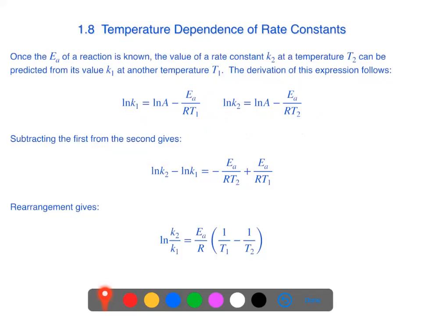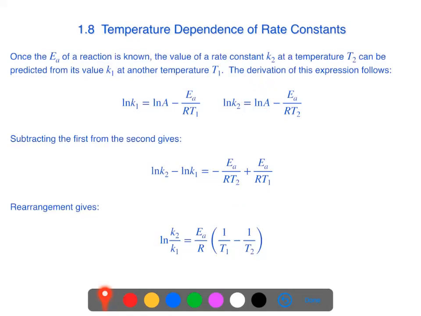So again, if we subtract the terms on the left-hand side, ln k2 minus ln k1 is equal to minus EA over RT2 plus EA over RT1. And you'll note that we're assuming that the pre-exponentials are identical in this particular scenario, and so they will cancel out when we subtract these two equations from one another.